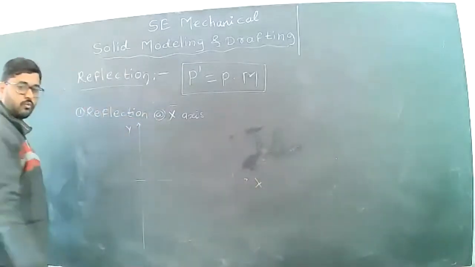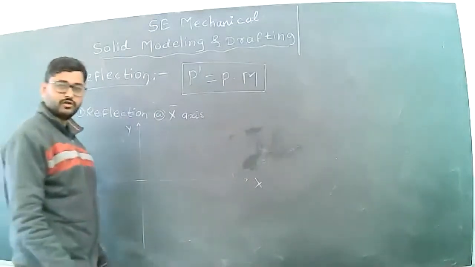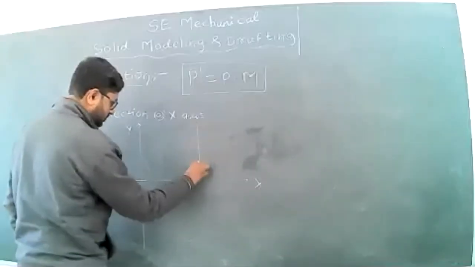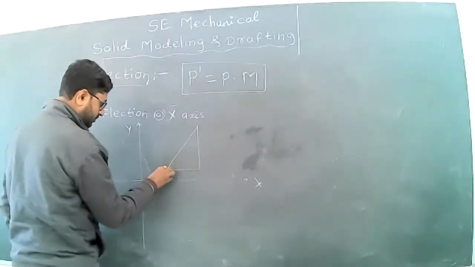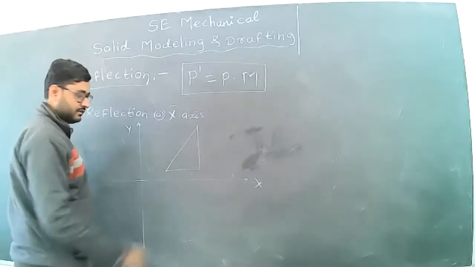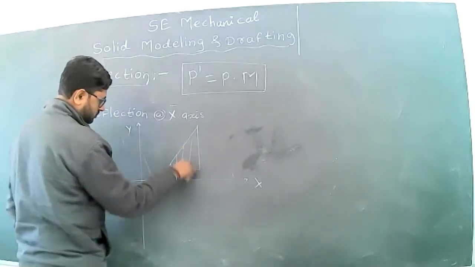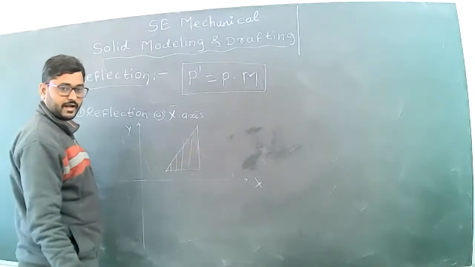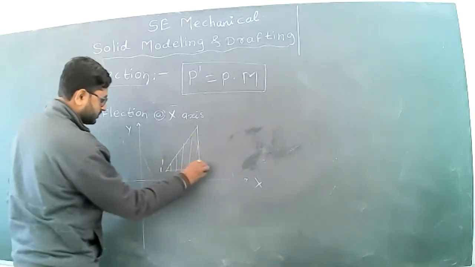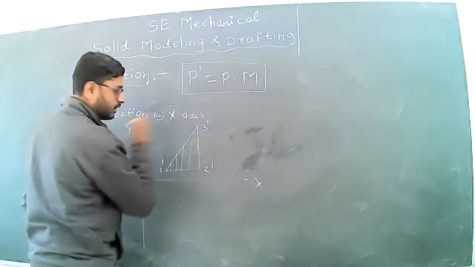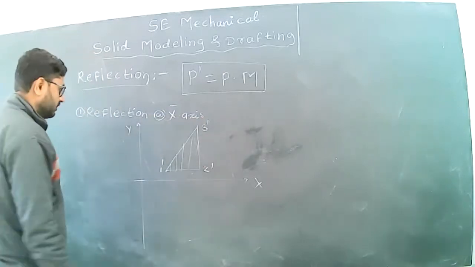Suppose we take the example of a triangle. This is our old triangle, that is 1, 2, and 3.